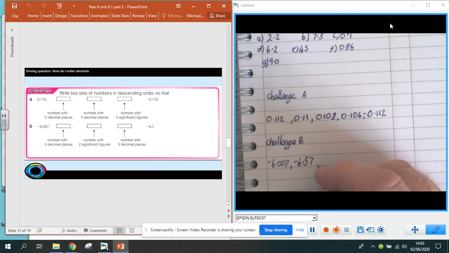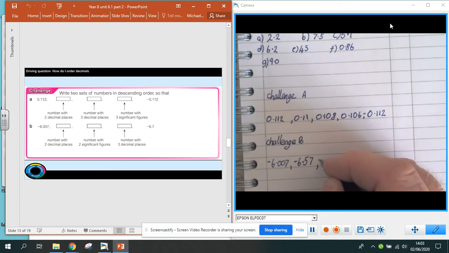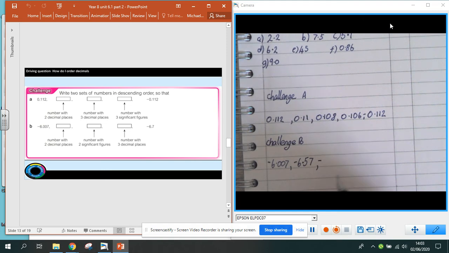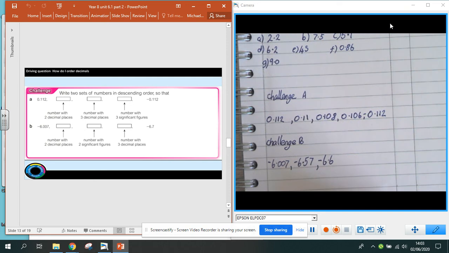My next number has to have 2 significant figures. So the first 2, I've only allowed 2 numbers. And it's got to be less than minus 6.57 and more than minus 6.7. So I'm going to write minus 6.6. 2 significant figures and 3 decimal places.